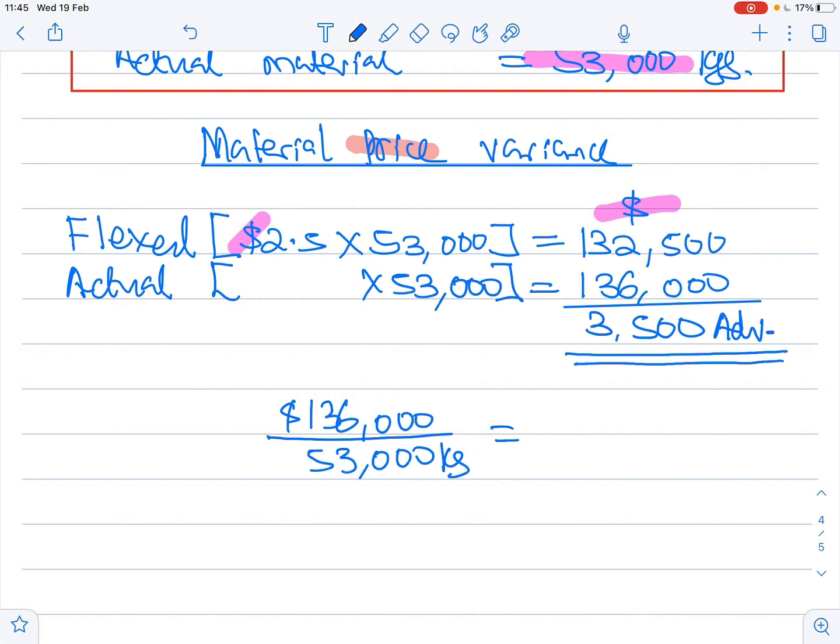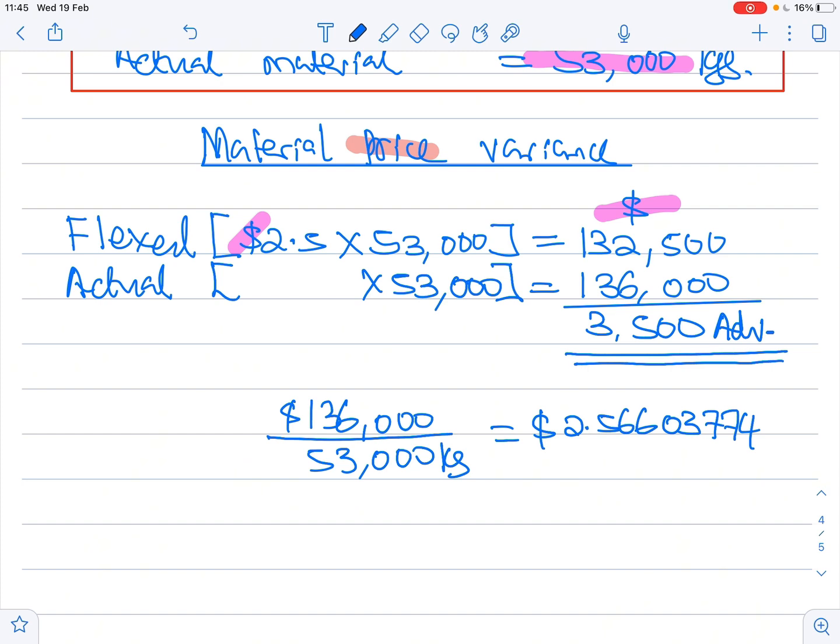So per kg you have spent more. It means you spent more than $2.5 to buy 1 kg.